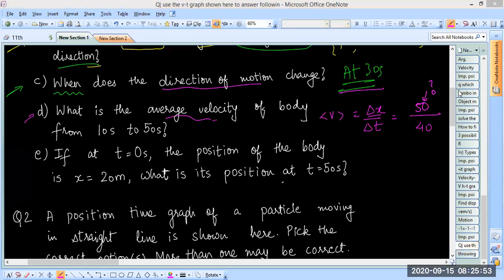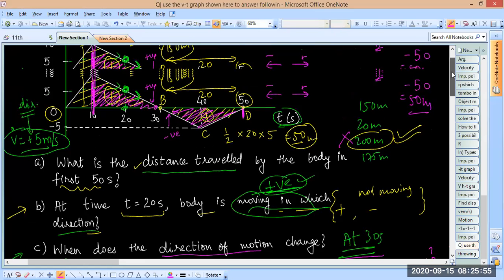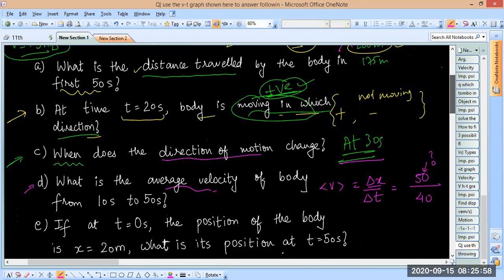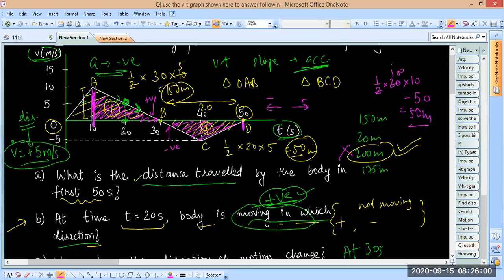A few of you just said no. Again, let me tell you, if you want to find displacement, then you have to take the area under the graph, right? So this area is positive, agreed, but this area will be negative, correct? Because it is below the axis. So how much is this triangle? Starting from here only, don't look at this, because we have to find it from 10 seconds to 50 seconds.